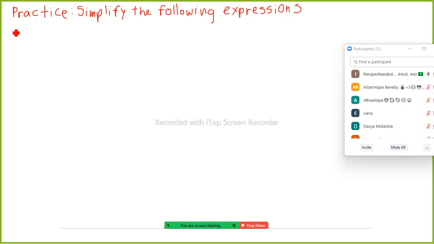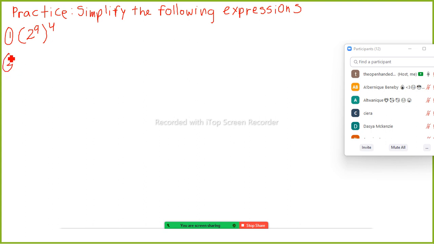Let's begin with number 1. If we have 2 to the power of 9, all raised to the power of 4, what would that be?